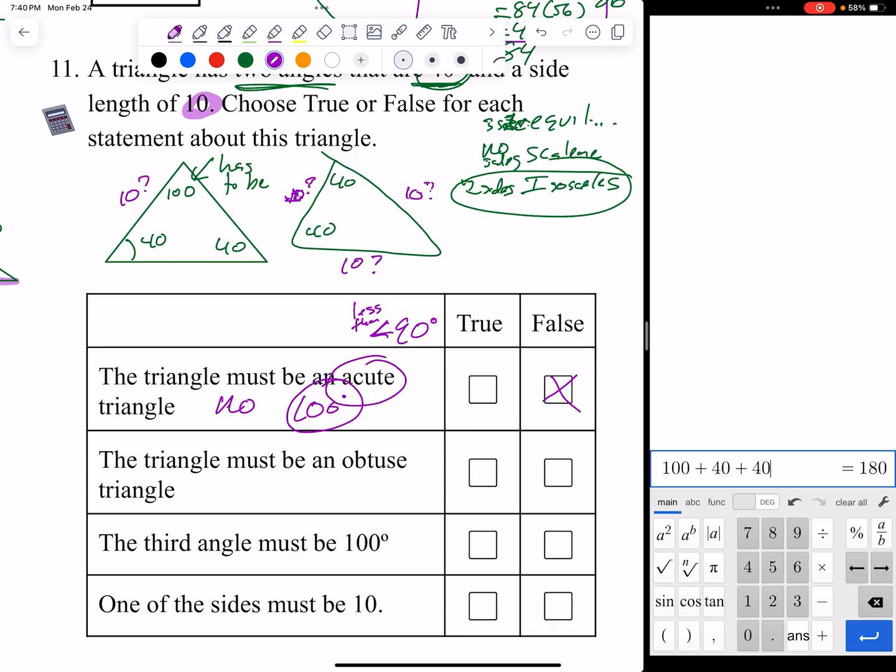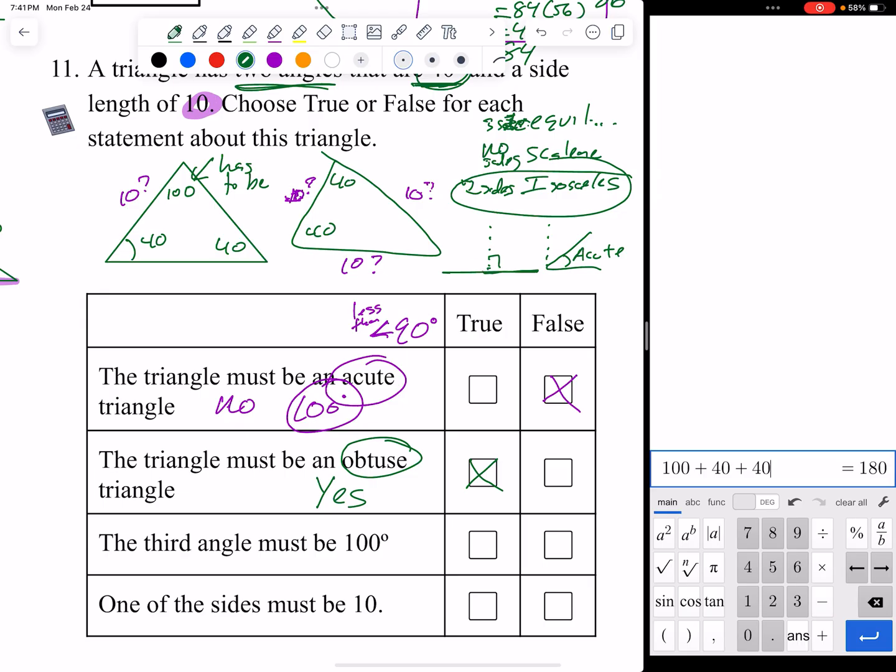Okay, next one. The triangle must be an obtuse triangle. Is that true? Yes, that is true. And if you're like, where'd you get obtuse from? Remember, acute is less than 90 degrees. And obtuse, if I go like this, this is 90, right?